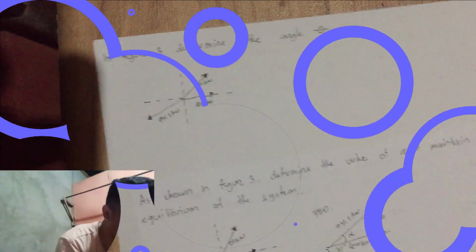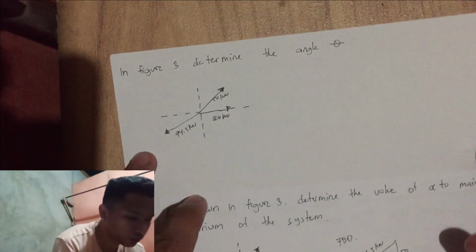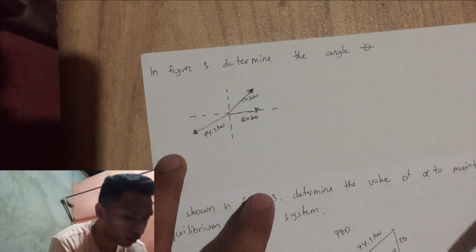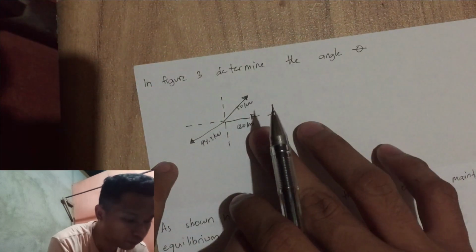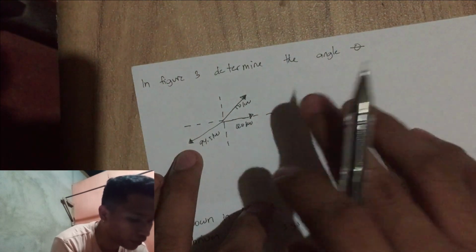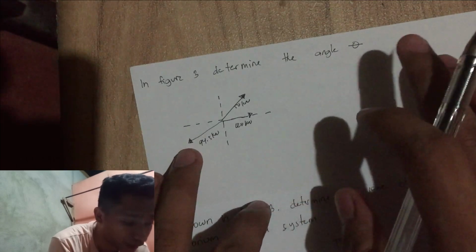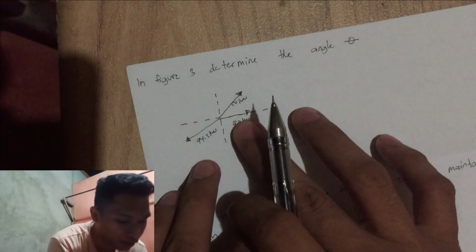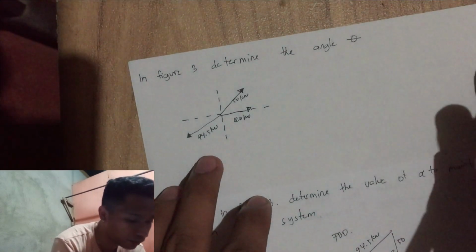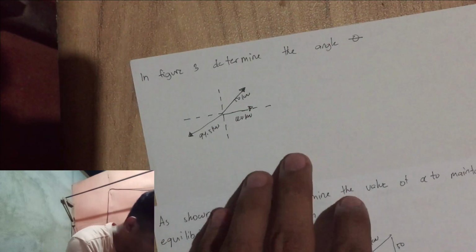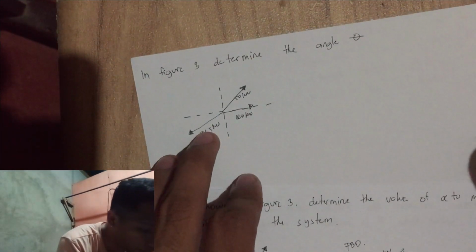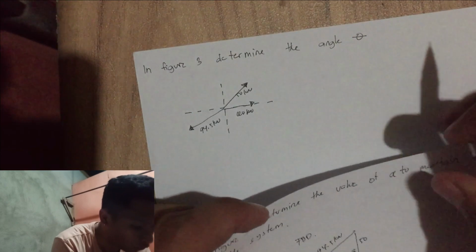Next, we also have figure 3, which is to determine the angle. For this one, we have to determine the angle with the same figure 3. In order to find the angle, we need to write the FBD, which is the same as this.